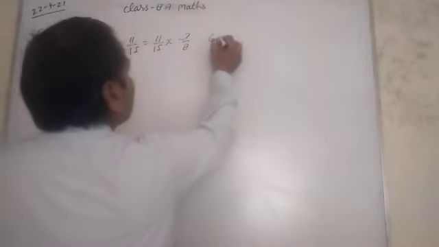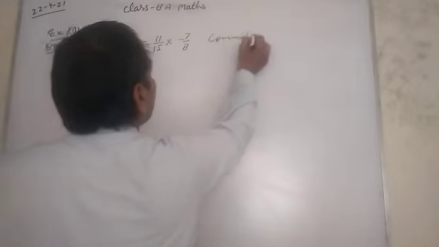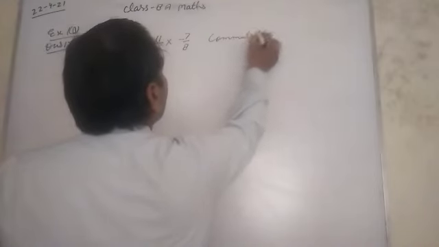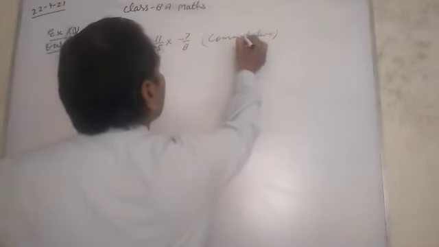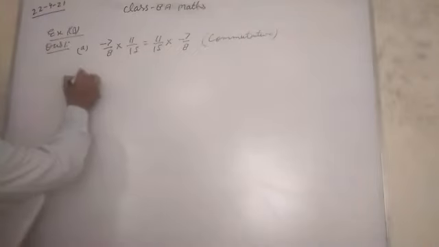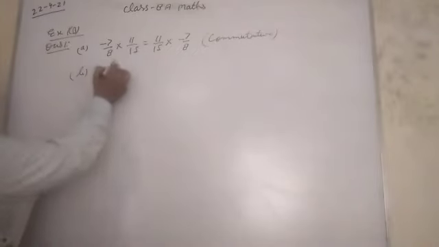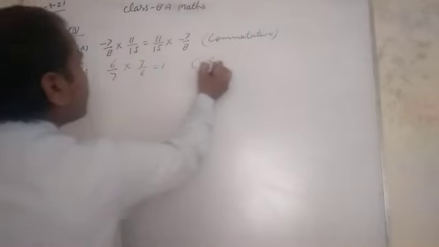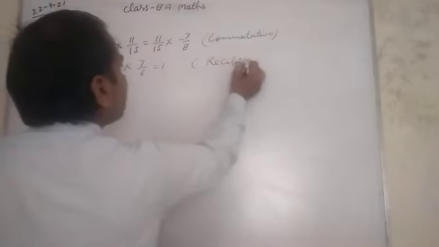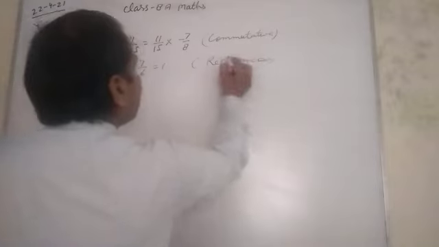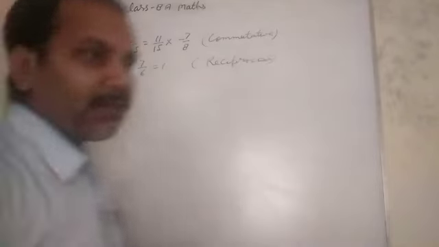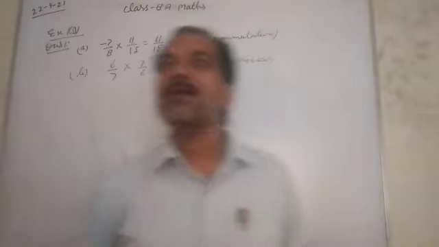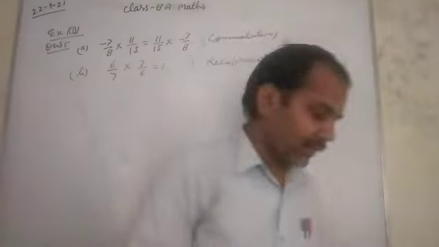So which property? Commutative property. B, 6 by 7 into 7 by 6 is equal to 1. So here reciprocal. If we multiply any number by its reciprocal, their product will be 1.